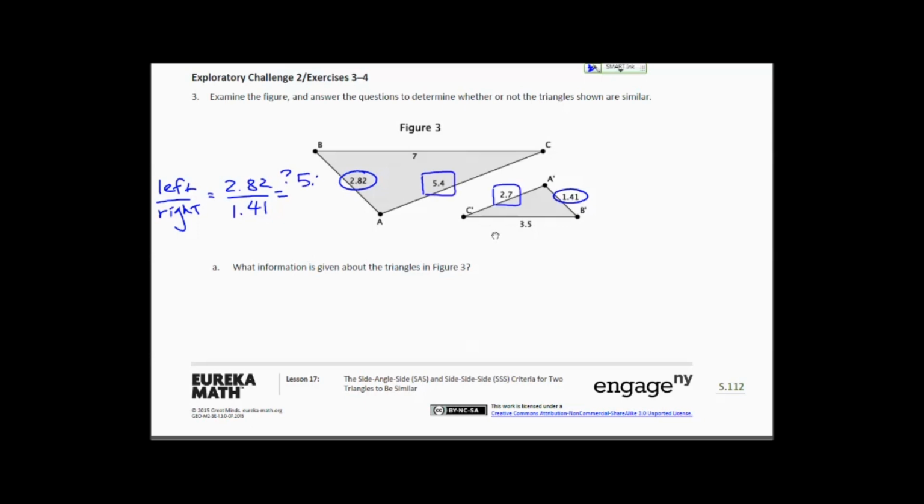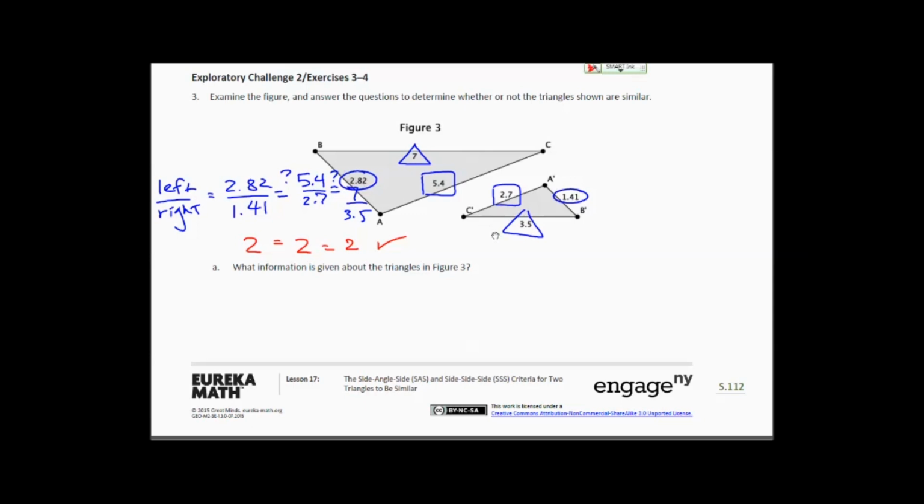Again, it's left to right. And is that the same as big to big? Left to right ratio. Now, I notice that this is 2, and this is 2, and this is 2, and they're all the same. So the answer is yes, they're similar by the side, side, side criteria.